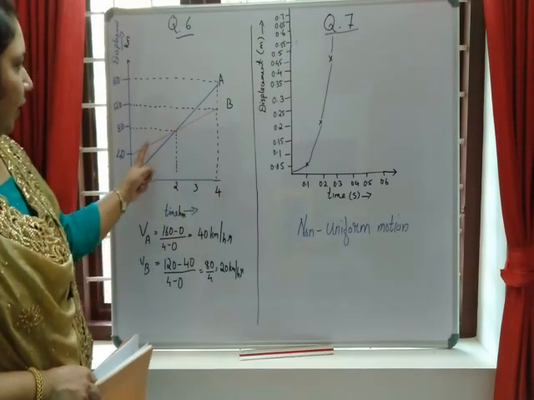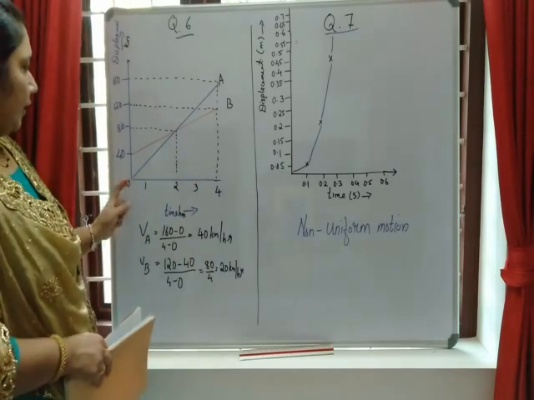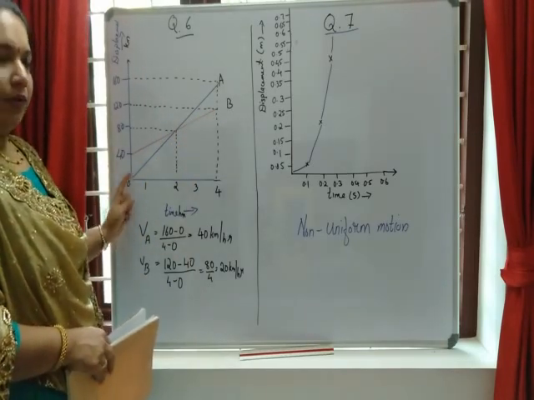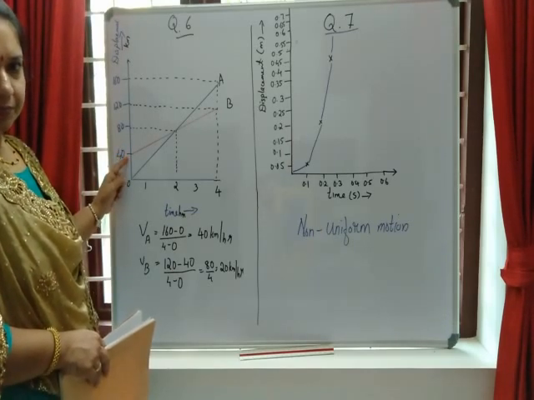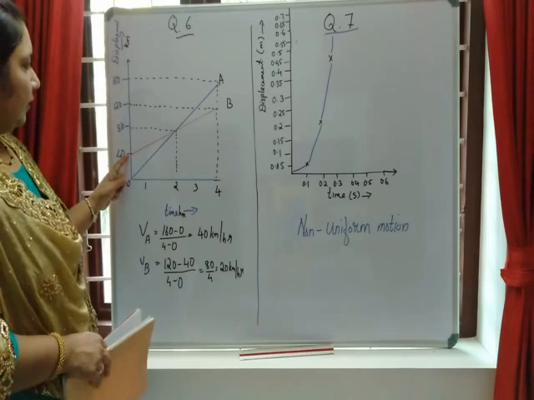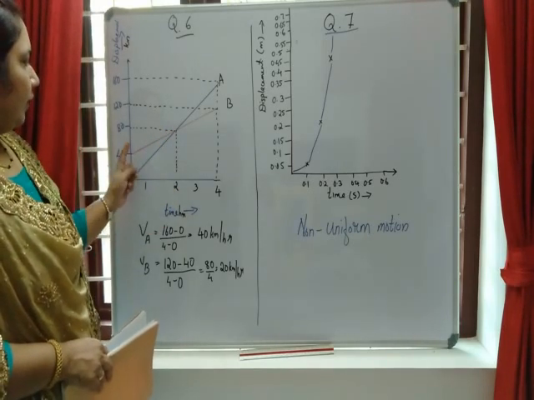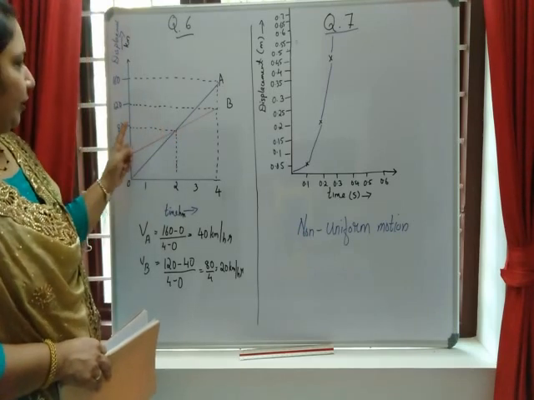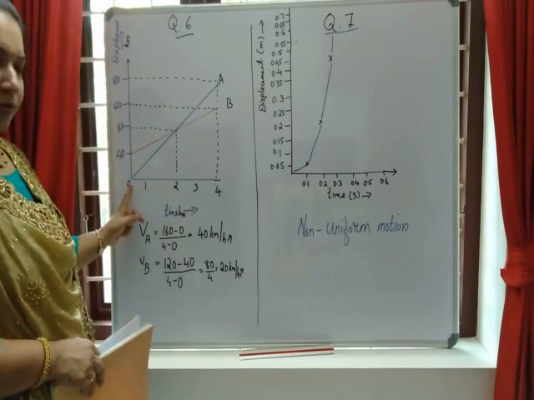Now the second car B, you can see this red line. Initially, when car A is at 0, car B is already at 40 kilometer. From there, car B started its journey and after 2 hours, it reaches 80 kilometer. Initially car A is at 0.